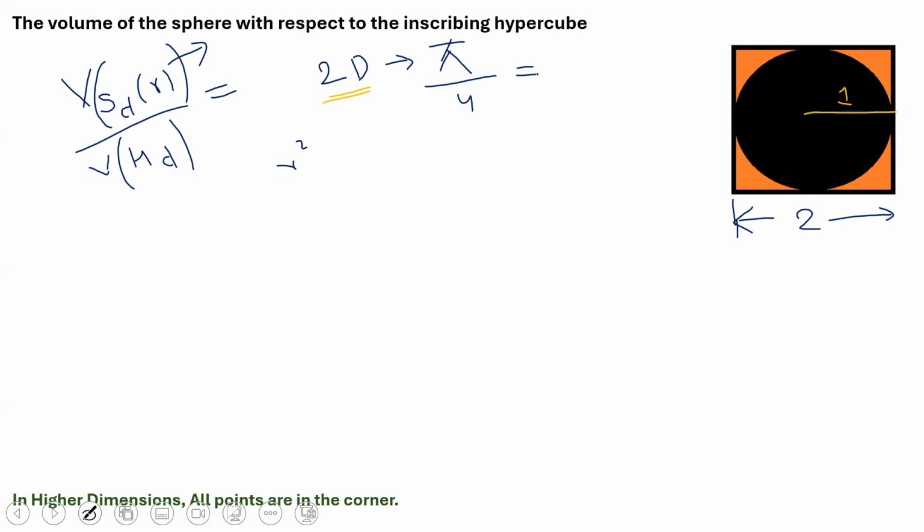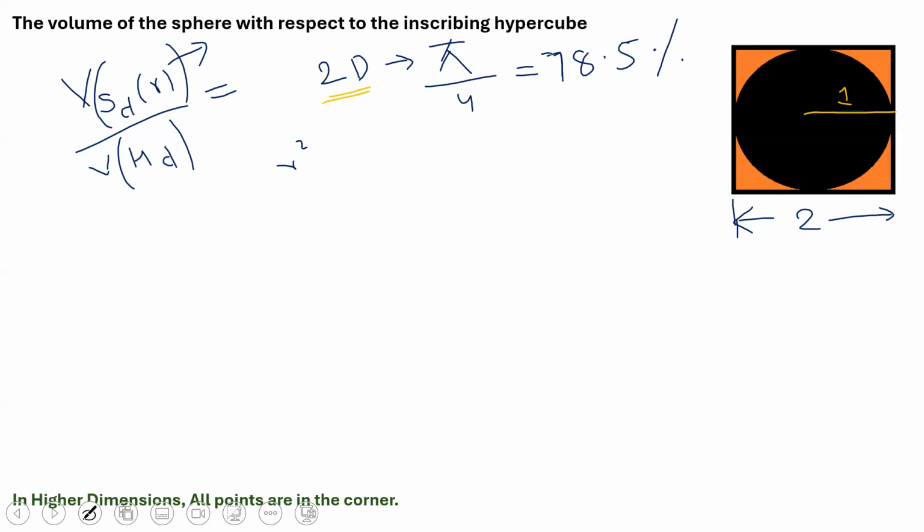So pi by 4 is nothing but, what is the value of pi by 4? When you calculate percentage, it becomes into 100. Can someone tell me the value of pi by 4? Pi divided by 4 becomes 0.785, right? When you convert that to percentage, it becomes 78.5 percent.